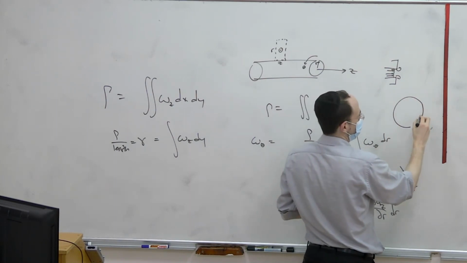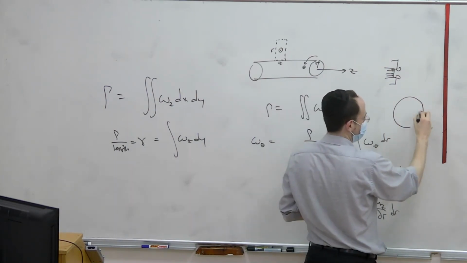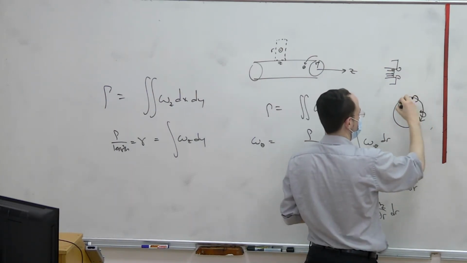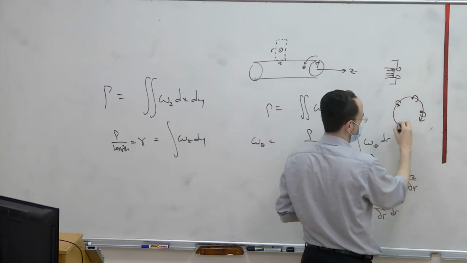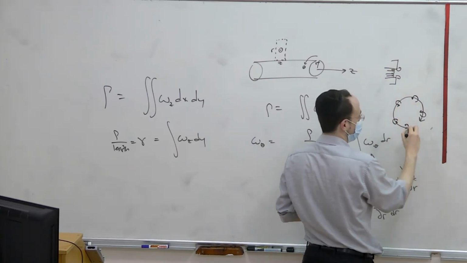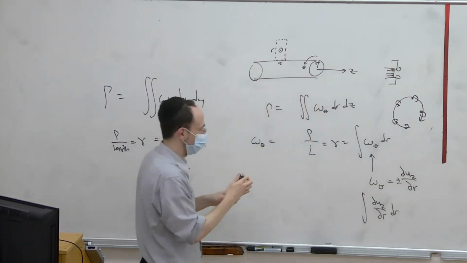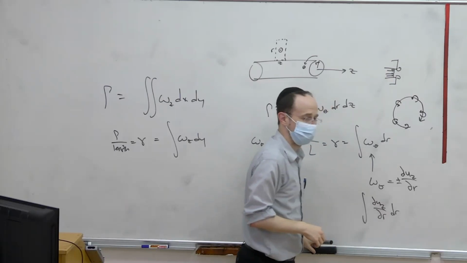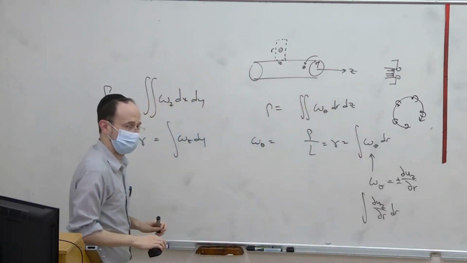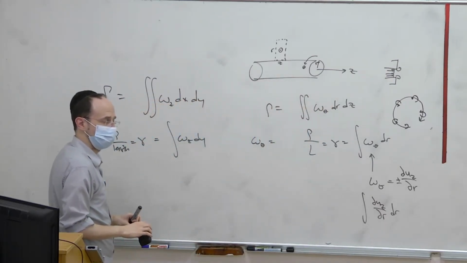One vortex ring has a particular sense here, it'd be tough to draw, but as it comes around, it's going to look like the opposite sign on the other end. But there is a difference if you integrate from the center of the tube to the wall or from the wall to the center of the tube.